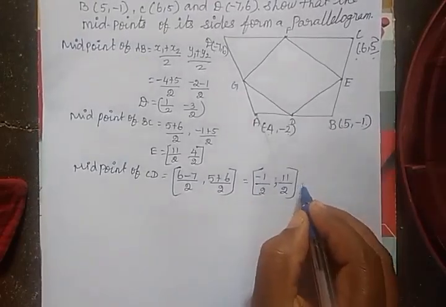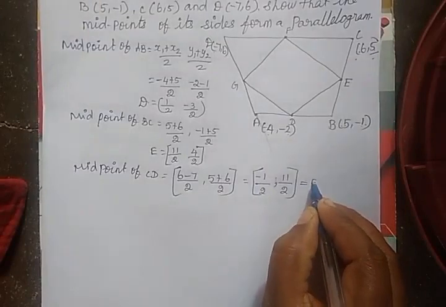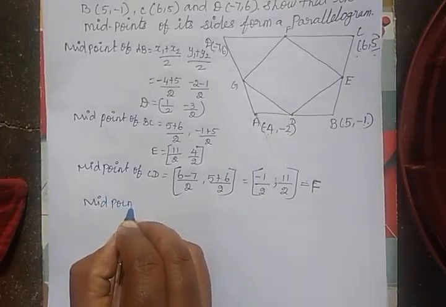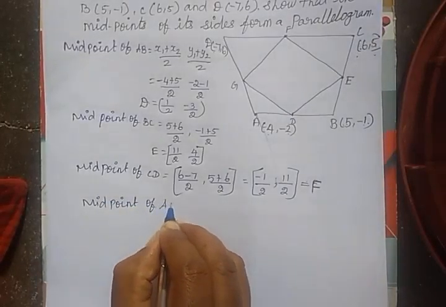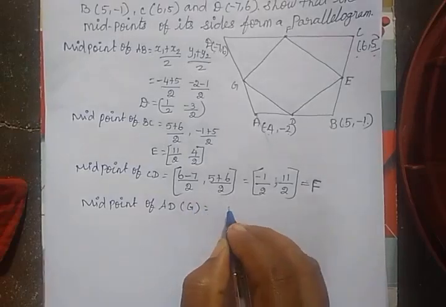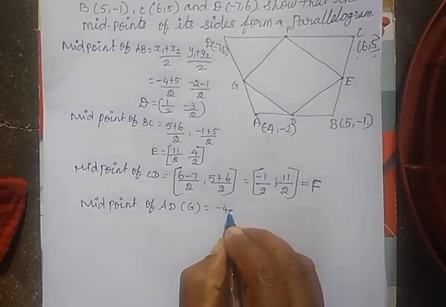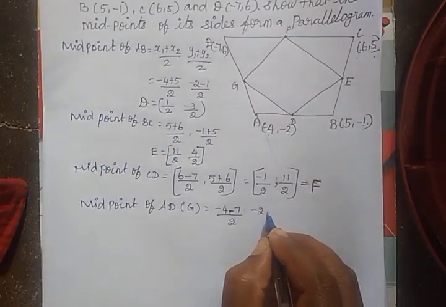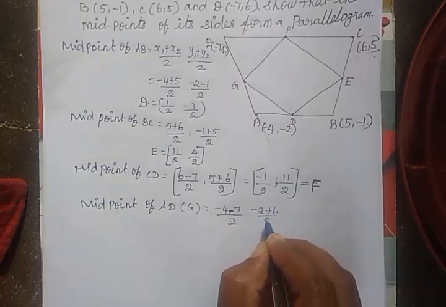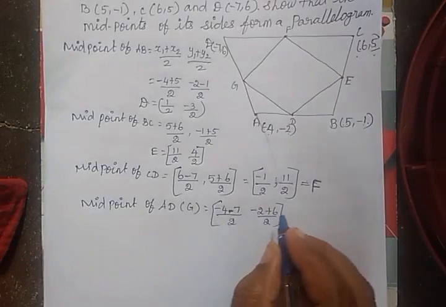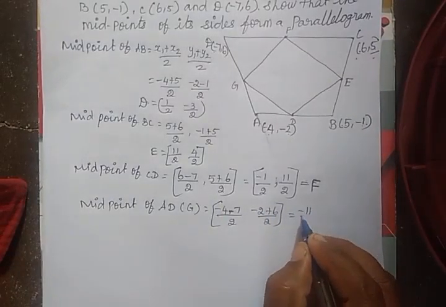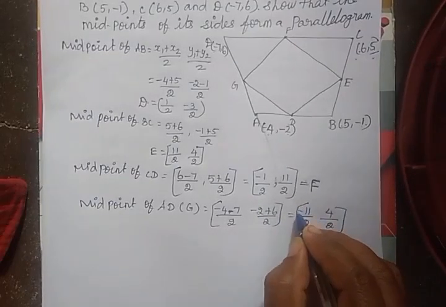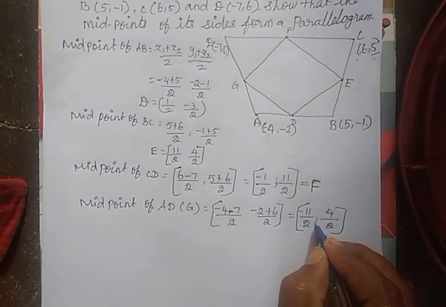So this is F. Next, midpoint of AD, that is G. x1 is minus 4, x2 is minus 7, y1 is minus 2, y2 is 6. Minus 7 minus 4, that is minus 11 by 2, and 6 minus 2, that is 4 by 2. So the point G is minus 11 by 2 and 4 by 2.